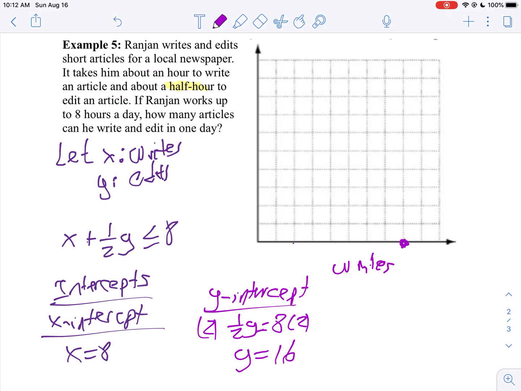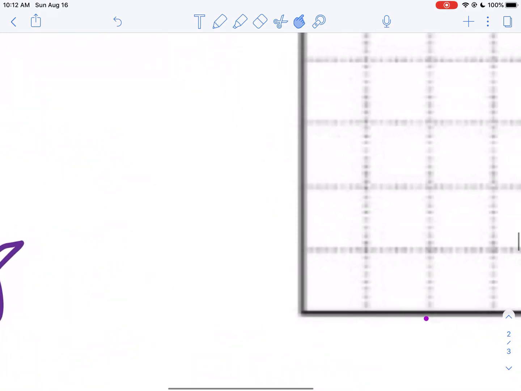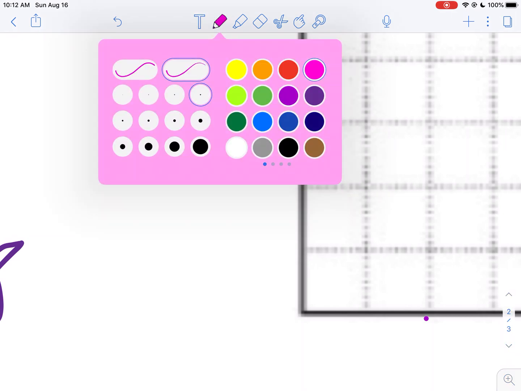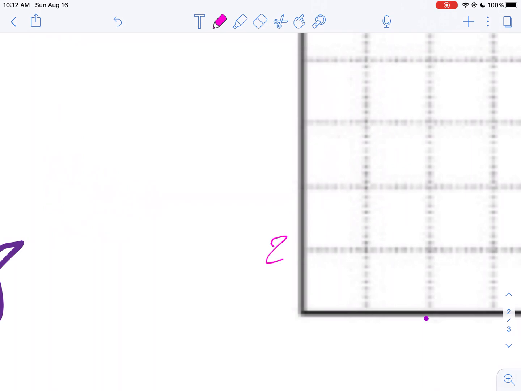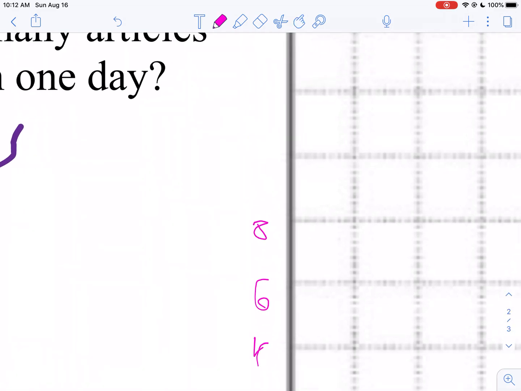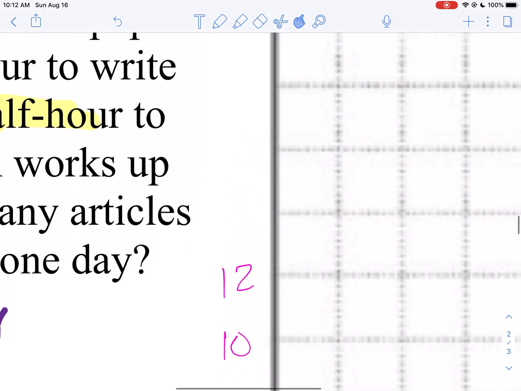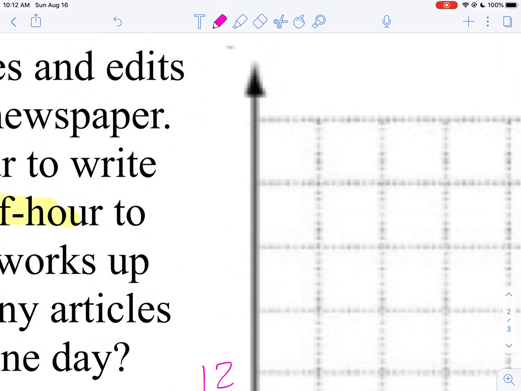So I think what I'm going to do on the y-axis, let's count by 2s. 0, 2, 4, 6, 8, 10, 12, 14, 16, 18, and 20.